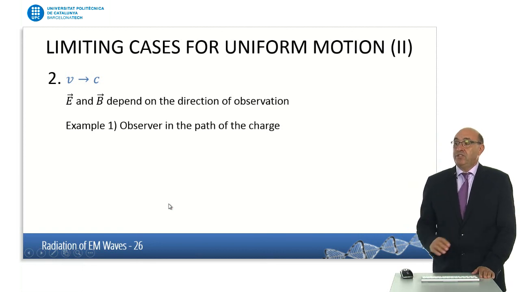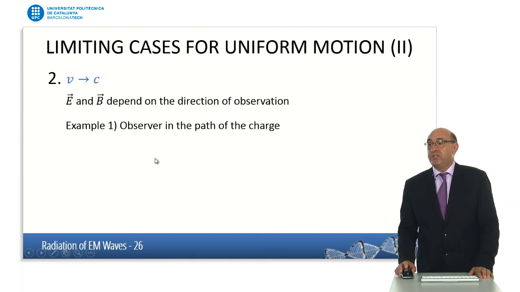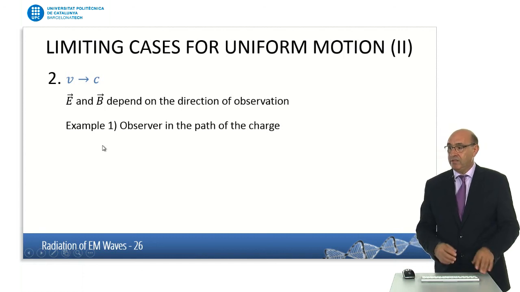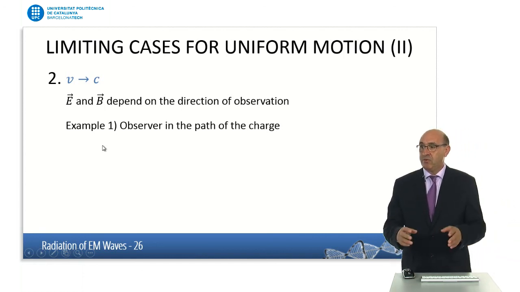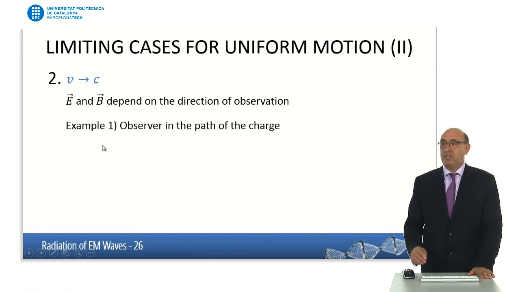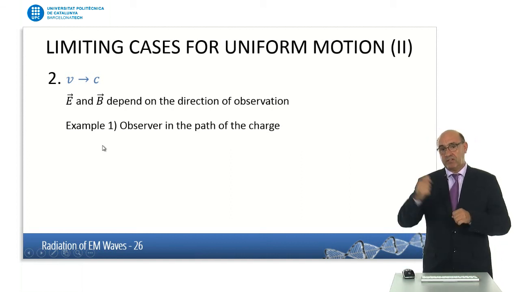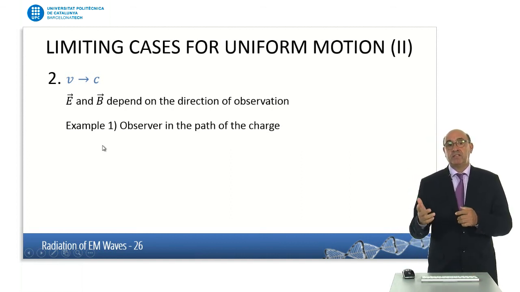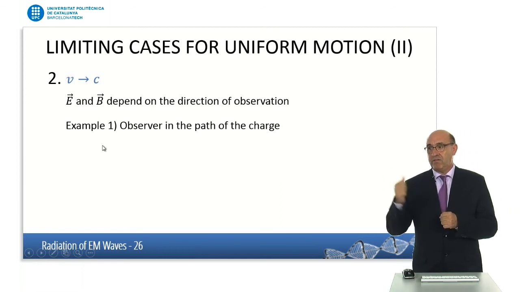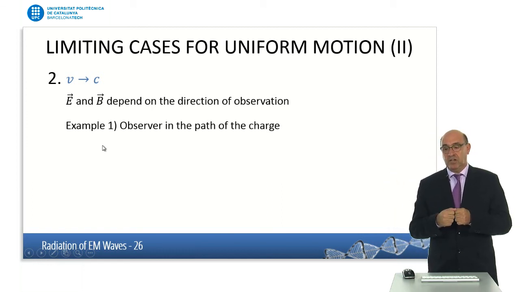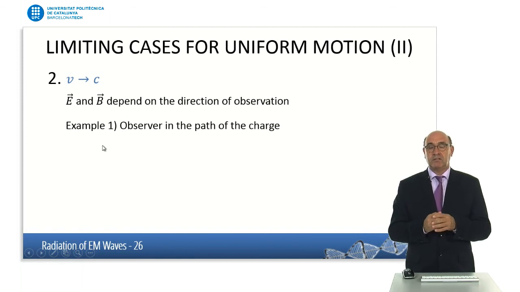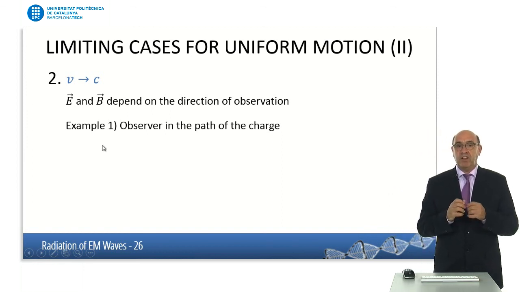The other case, which is a different one, we don't encounter in our circuits, devices and gadgets, but this happens in the universe frequently, when we have electrons, for instance, expelled from the sun, traveling to the Earth in all directions of space at very high velocity.